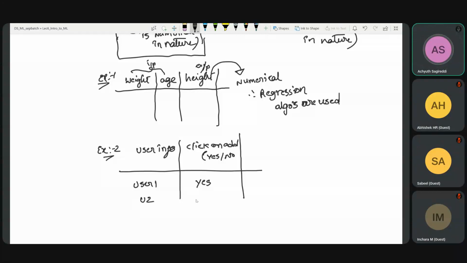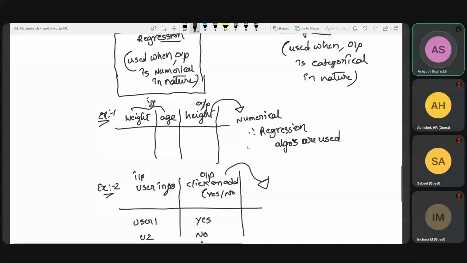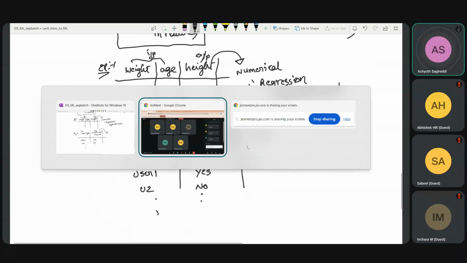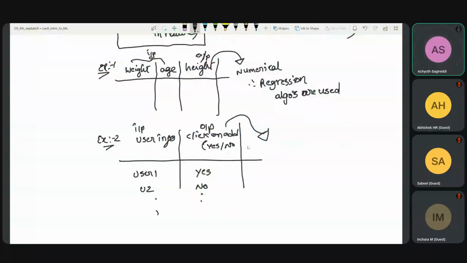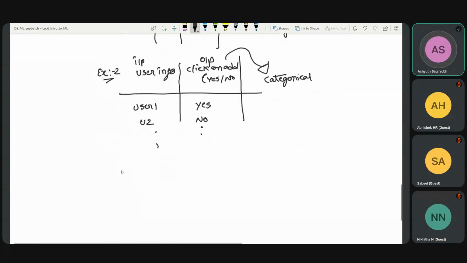User two information, he does not click the ad, and so on. In this case, this is input, this is output. Same question here: is regression or classification to be used in this case? Classification, yeah, exactly, right? Why? Because output is categorical in nature. I hope you guys got clarity about this, right?